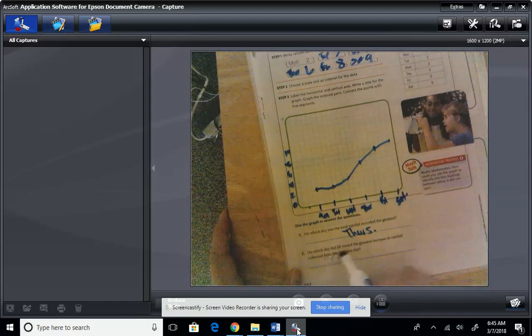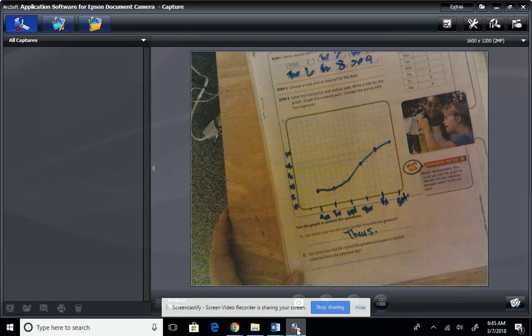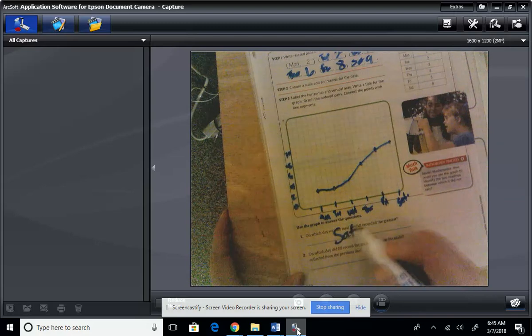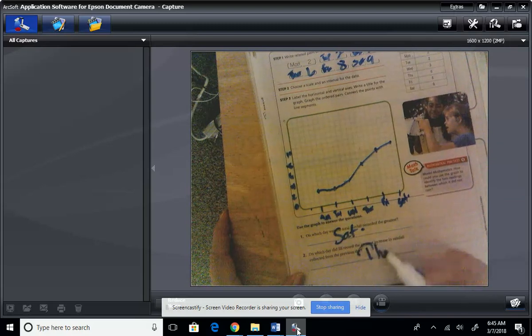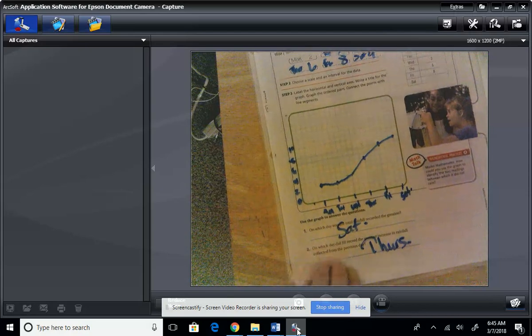On which day did Jill record the greatest increase? On which day was the total rainfall recorded the greatest? Oh, on Saturday. Total great. Now, the biggest increase was Thursday. So you have to read carefully what the questions ask.